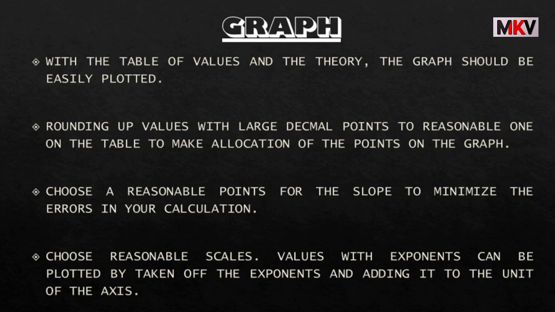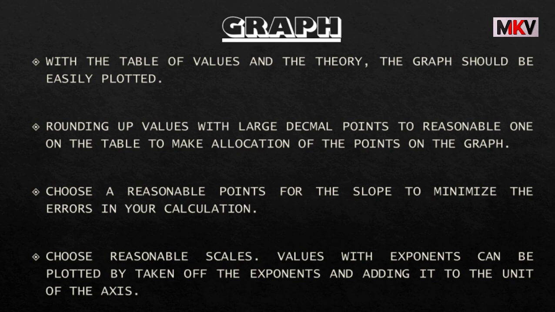Then after plotting, choose reasonable points for the slope to minimize errors. The slope is supposed to be chosen from the points you've plotted. In choosing your slope, it is mostly advisable that you choose your first and last points.